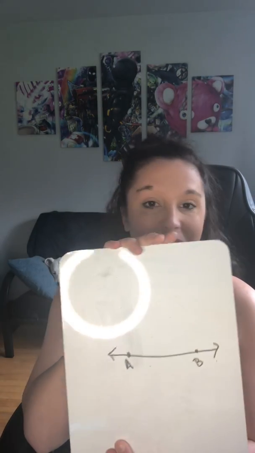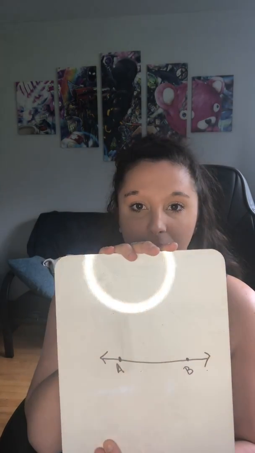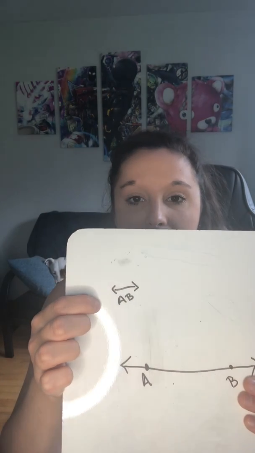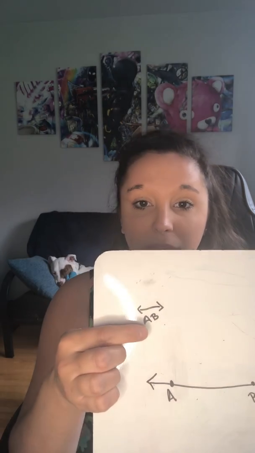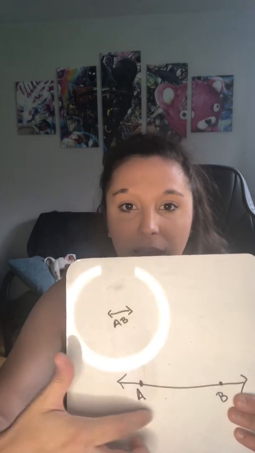So this would be line AB. If I wanted to say what I was talking about, I would write line AB. You put the line with the two arrows, and then you put AB. You could put BA. It doesn't matter what order you put them in, but that is how you do it.